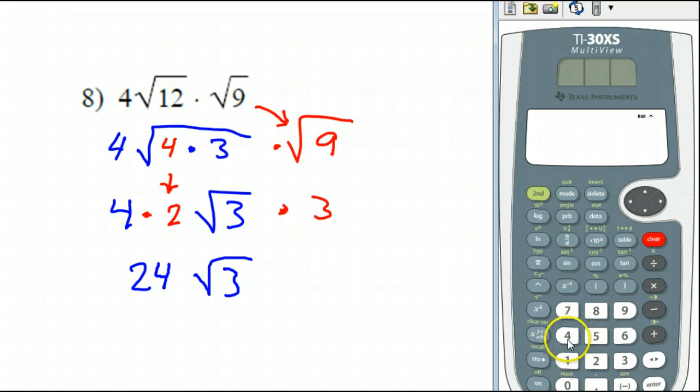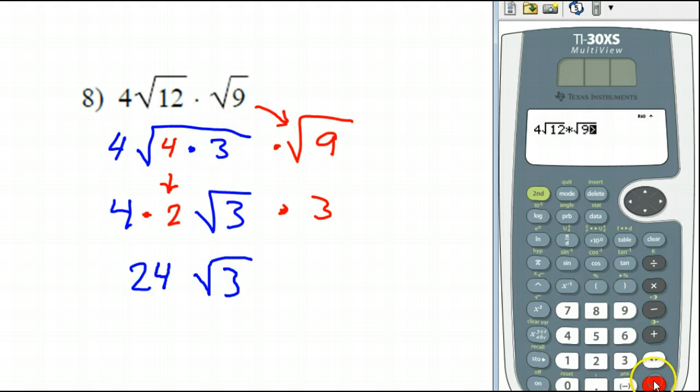Let's find out. So if I did 4 times the square root of 12, and then times the square root, I better start that over, of 9. Okay, so that's just like what I have here.